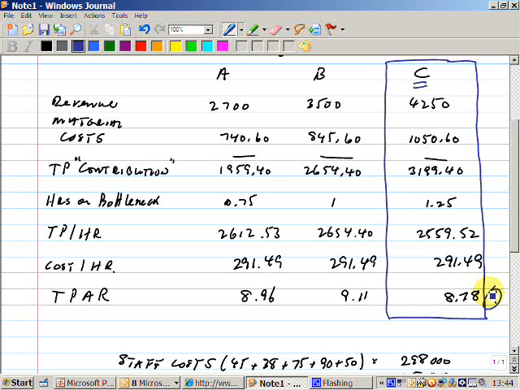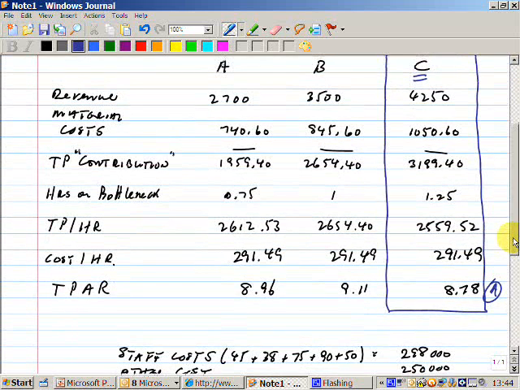Okay, so looking at part B of that question, we can see that what we're told is the return per factory hour for products A and B have been calculated as 2612.53, which is what we've calculated there, and 2654.40, which is that figure there.